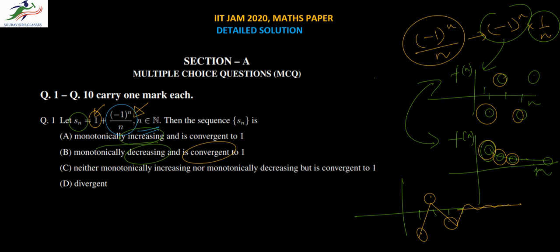So this is the concept, and if you understand this concept, then all you have to do is pick number C. It is neither monotonically increasing nor monotonically decreasing, but is converging to 1 because 1 is the constant here. If the function was not there, it would have converged to 0, as I am showing in this curve. So the answer to this question is C, which is neither increasing nor decreasing but will converge to 1.